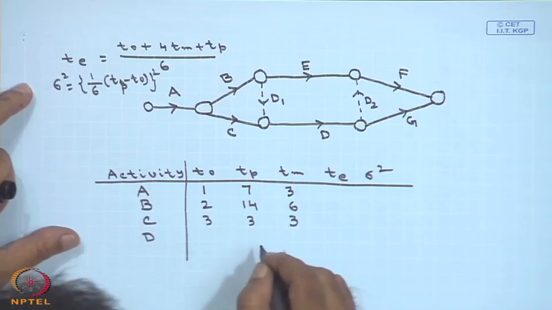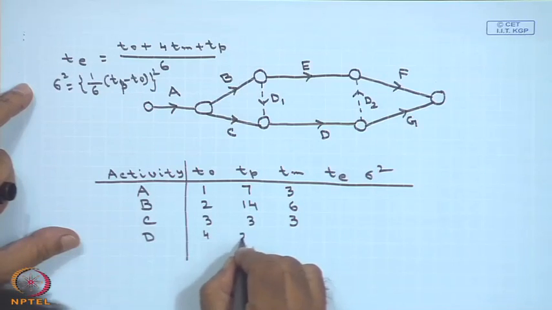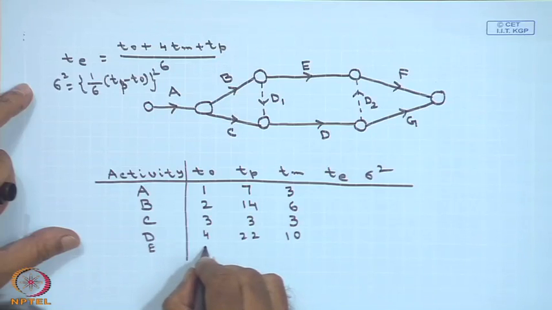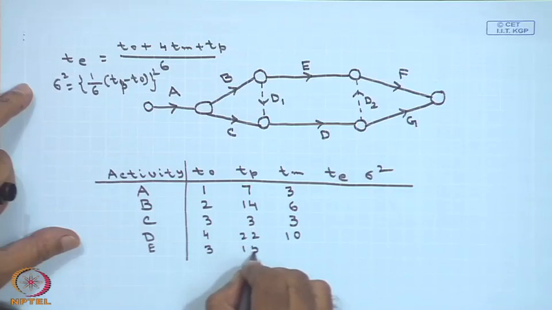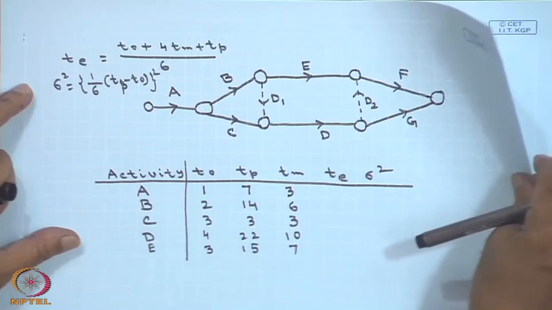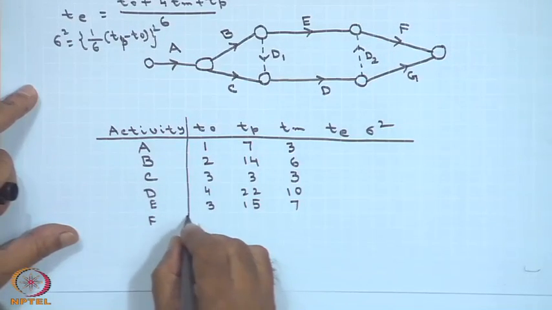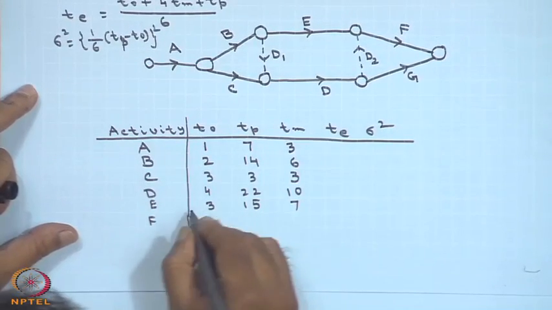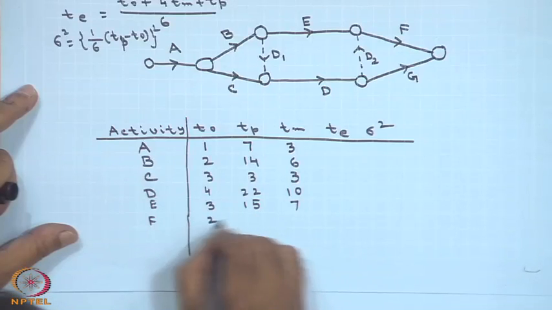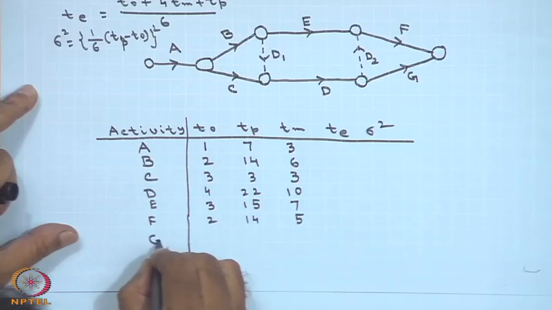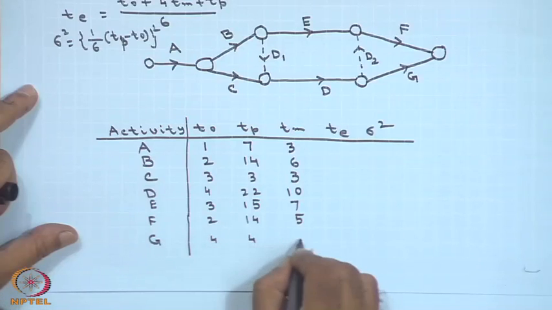For D, it will be 4, 22 and 10. For E, it will be 3, 15 and 7. For F, it will be 2, 14 and 5. For G, it will be 4, 4 and 4.